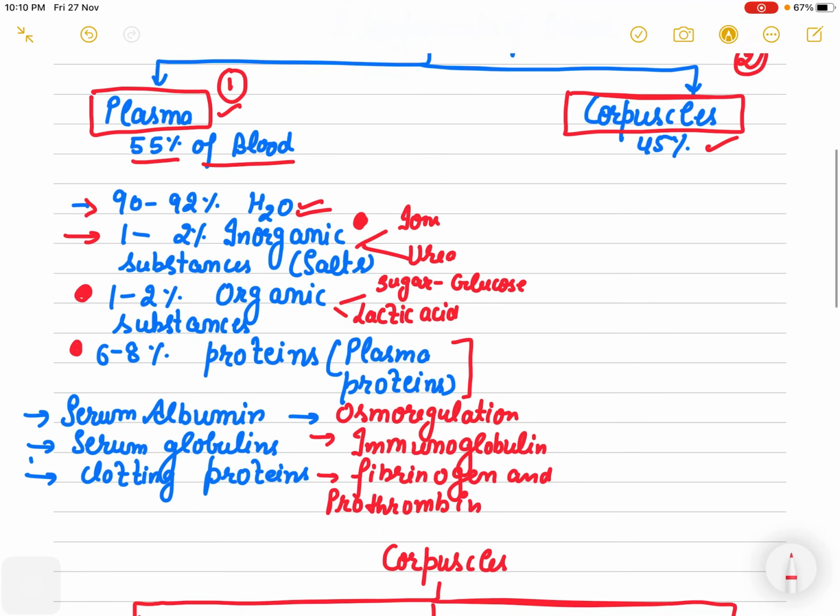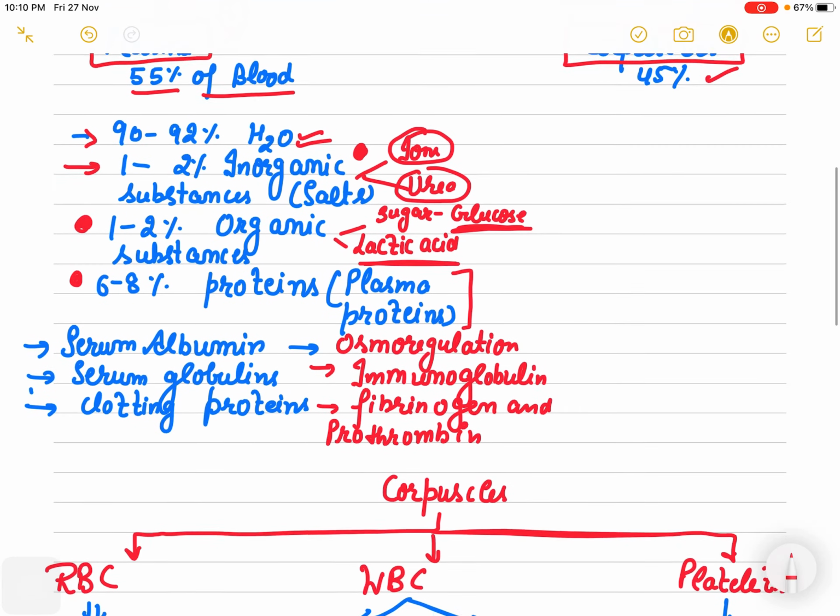In organic substances the major part is glucose, and the other one is lactic acid as the second medium. Inorganic substances mostly have ions, and a few percentage urea also.